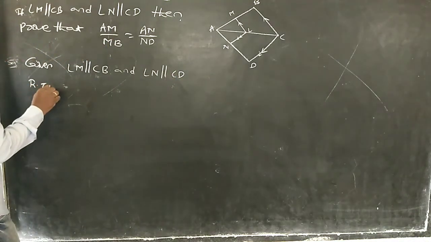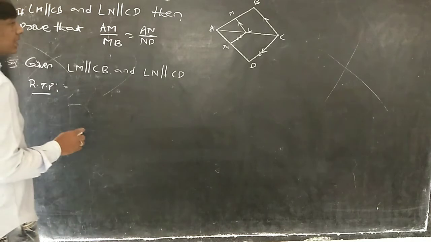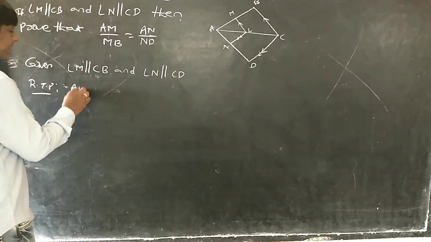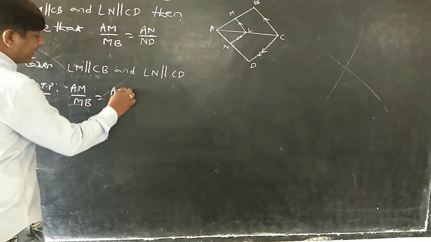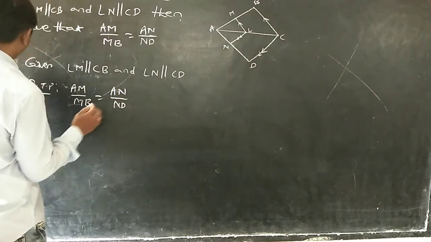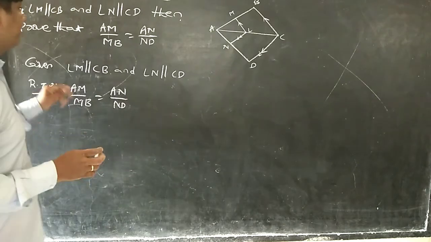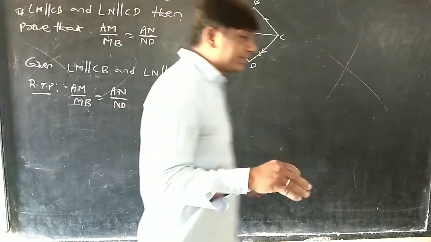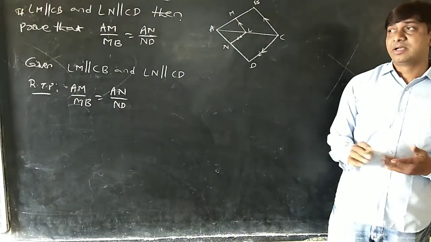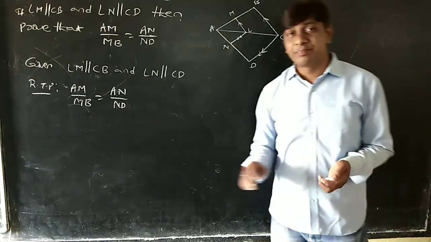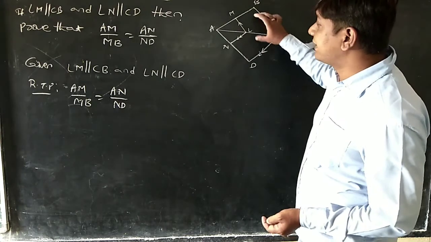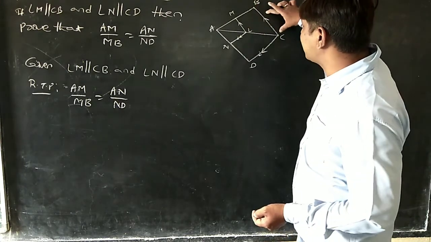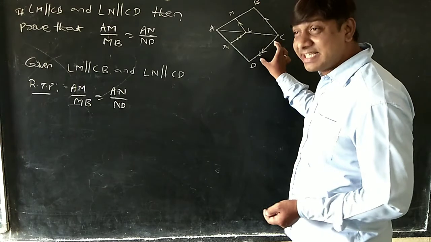Now required to prove is AM by MB is equal to AN by ND. This is required to prove here, like a theorem only I am proving here, not a numerical problem. Proof.